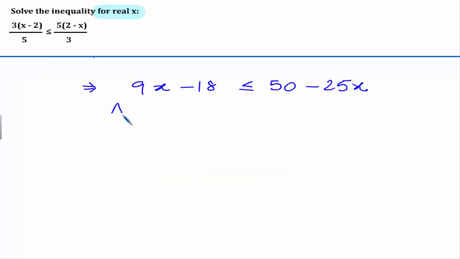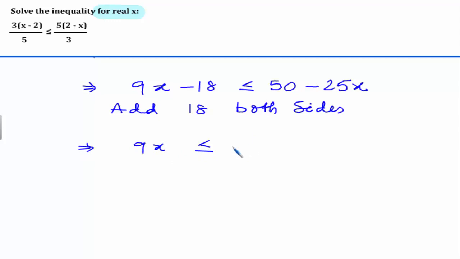Now let us add 18 on both sides so that this minus 18 gets cancelled, and we get 9x less than or equal to 50 plus 18 is 68 minus 25x. Now from this right hand side we have to eliminate this minus 25x. So let us add 25x on both sides.